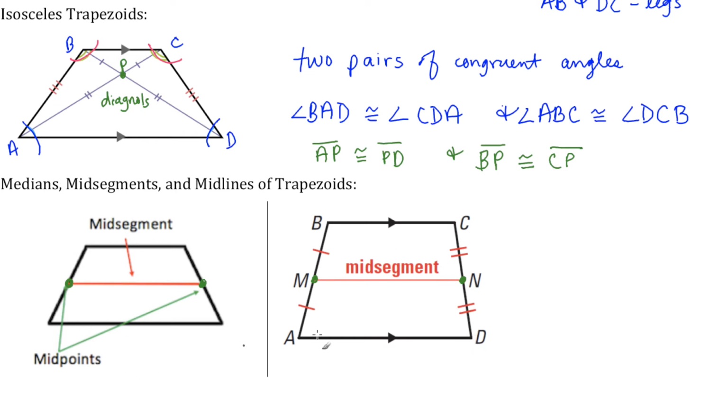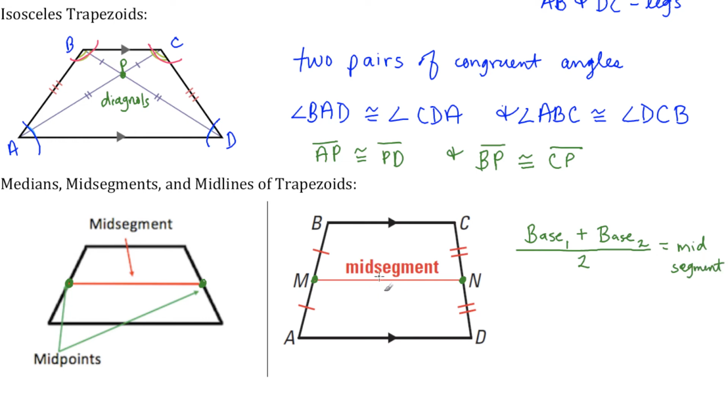The sum of both bases, base 1 plus base 2, divided by 2 will give you the length of the mid-segment.